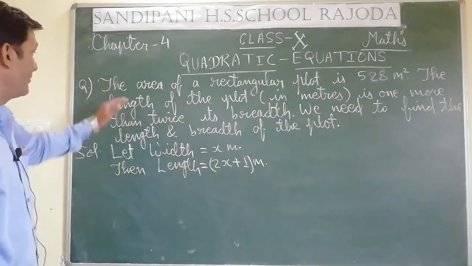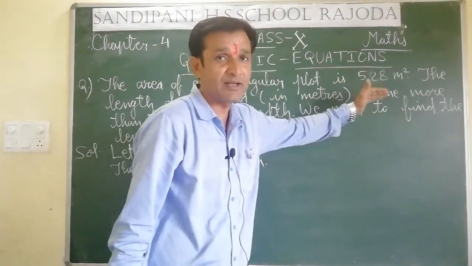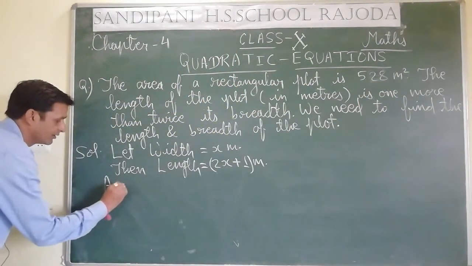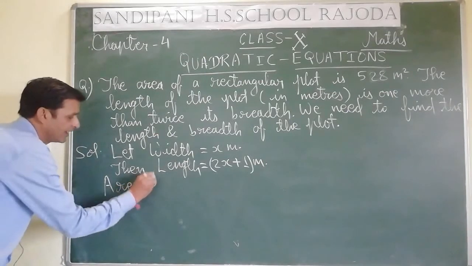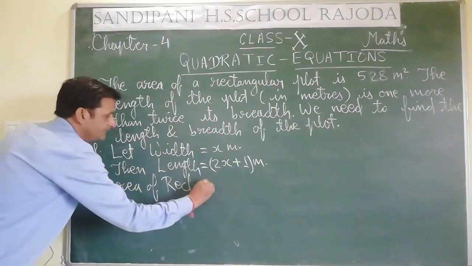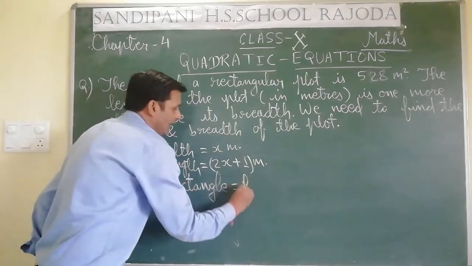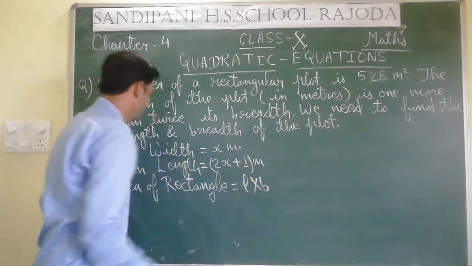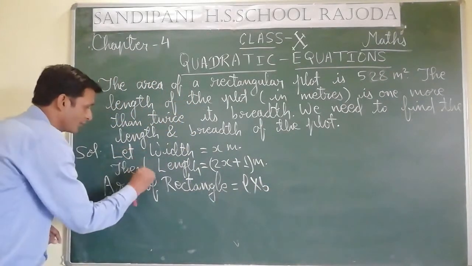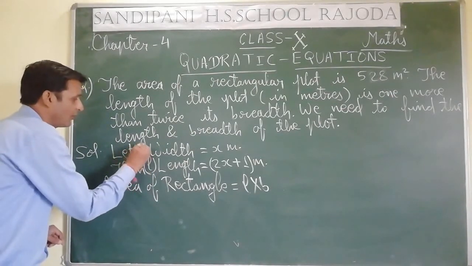Now, one more thing is given, the area of the rectangular plot is 528 meter square. So, area of rectangle is equal to length into width. This is length and this is width, so you may assign it as L and B, small b.